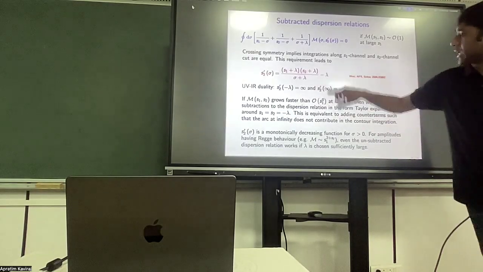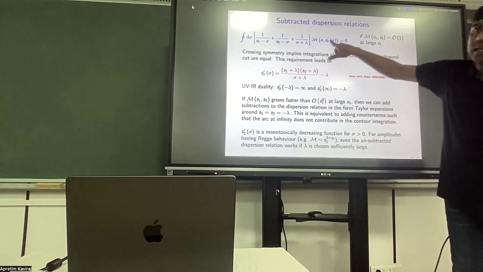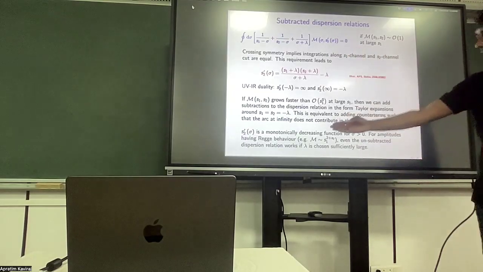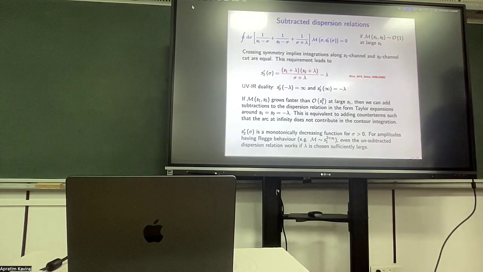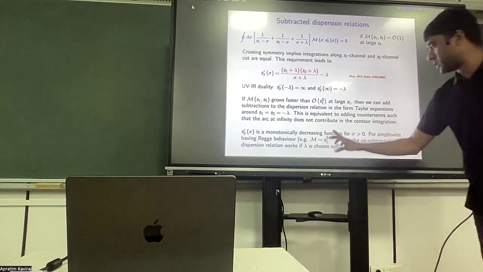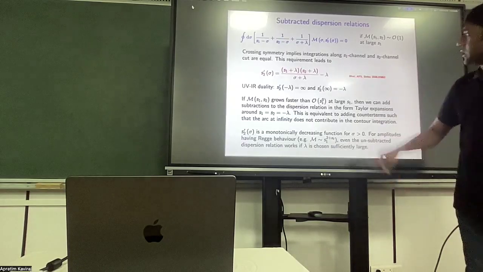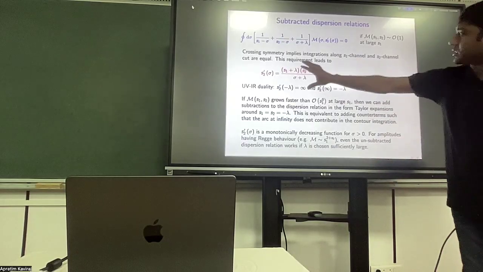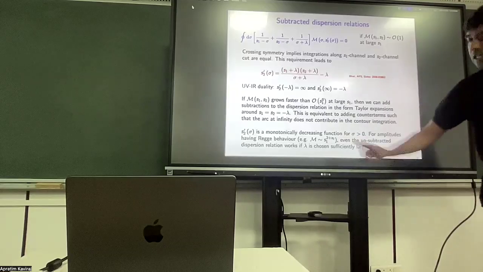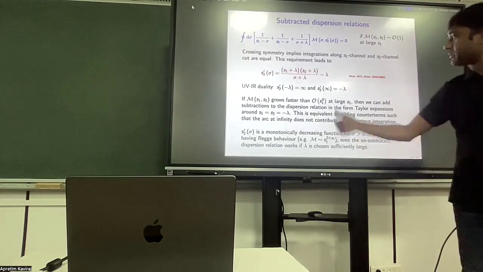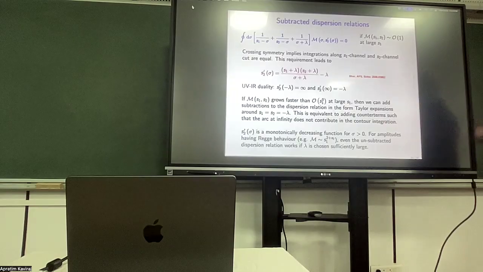Therefore, if we substitute this here, and let's say we're considering an amplitude which has the Regge behavior, like S to the power of some polynomial in T, for a specific example, let's say S to the power 2 plus T2. If we plug that in here, what do we get? Sigma to the power of this minus 2. And when sigma is taken to infinity, this is nothing but sigma to the power minus lambda. So if we choose lambda appropriately, a large value of lambda, we do not even need a subtraction.